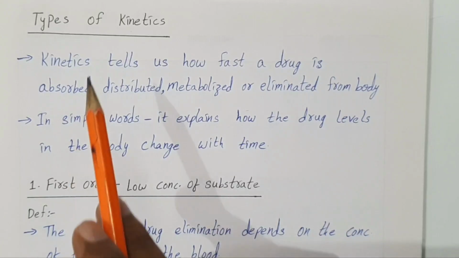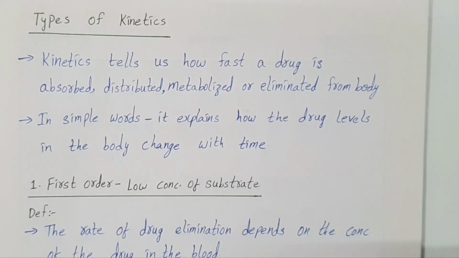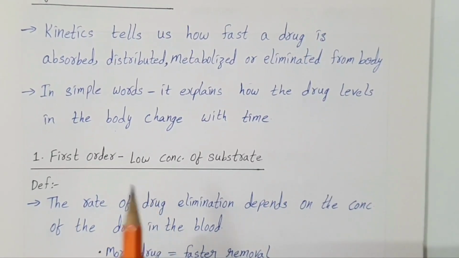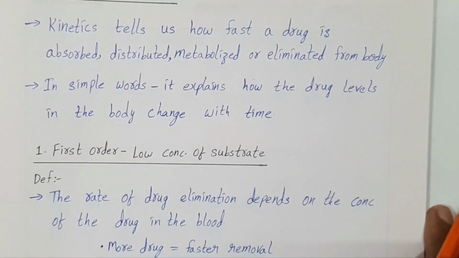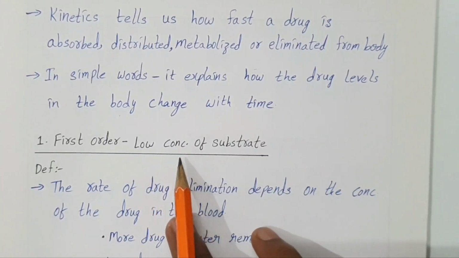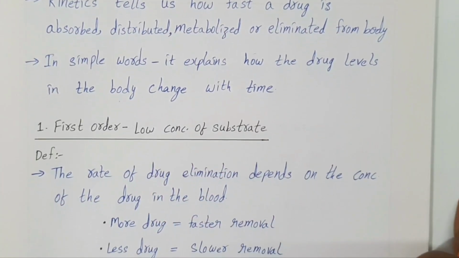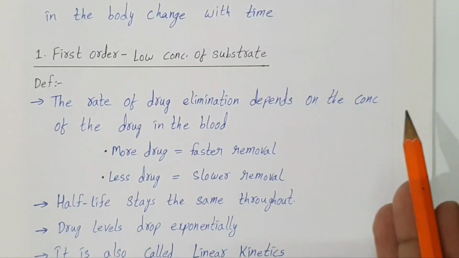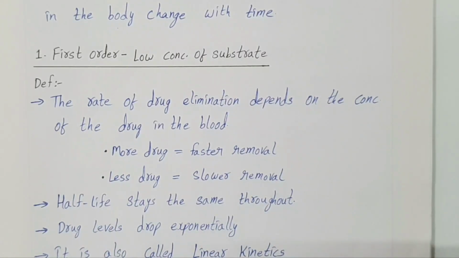Let's understand the types of kinetics. Depending on the concentration of the drug, the rate of metabolism changes. Let's break it down. First we have the first order kinetics. At low doses, at low concentration of substrate or drug, the drug follows first order kinetics.